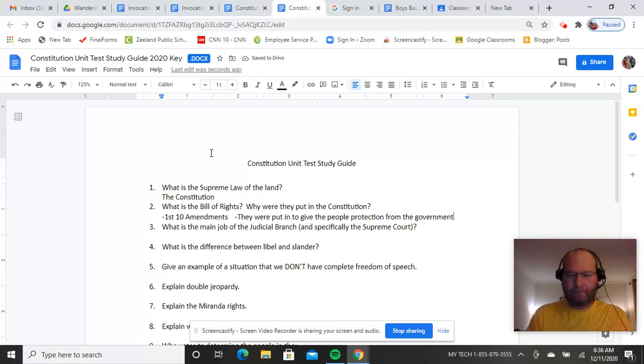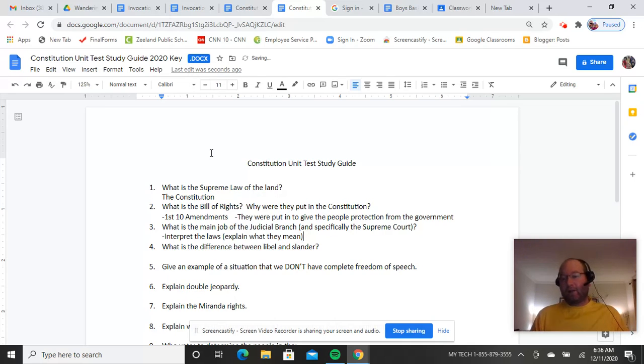What is the main job of the judicial branch? Okay, each of the branches has a different job, if you remember. The judicial branch, specifically when they get to the Supreme Court, is to interpret laws, so explain what they mean.